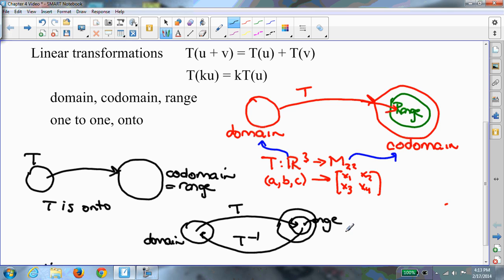If this situation holds, then T is 1 to 1, because for every element in the output, I can correspond it to an element in the input. So these are the 3 situations. This is sort of the general one up here. This is the onto idea, and this is the 1-to-1 idea.